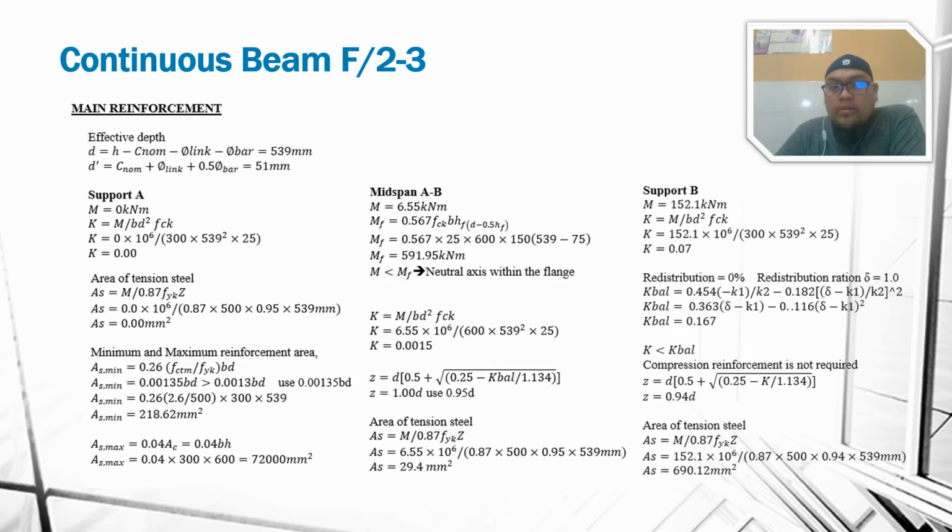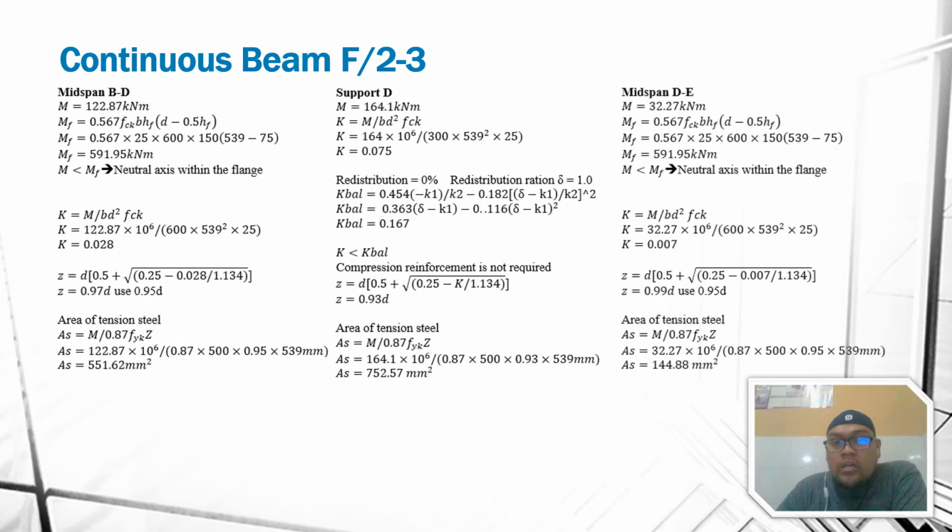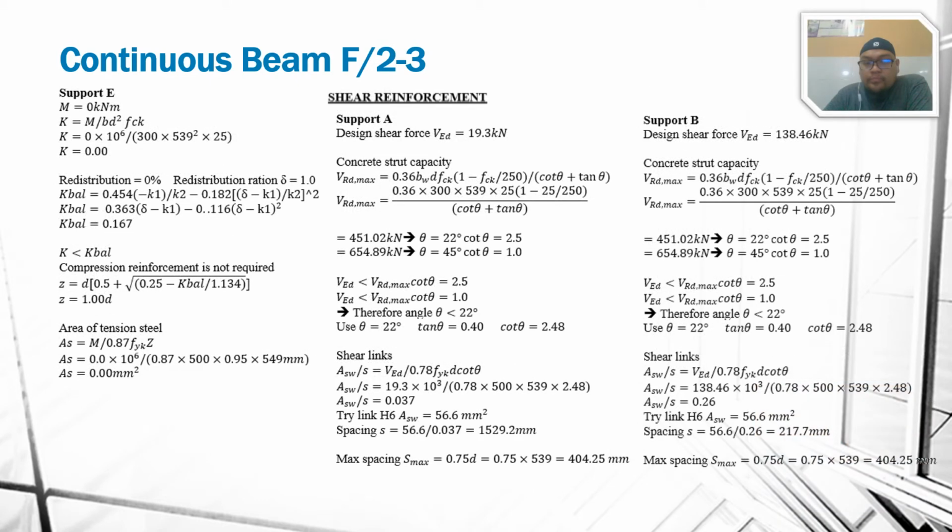For the mid-span AB, there is a moment of 6.55 kilonewton meter, so I get the value of As is 29.4 millimeter square. Also the same with support B, I get the value of As is 690.12 millimeter square. This calculation is repeated for mid-span BD, support D, DE, and E.